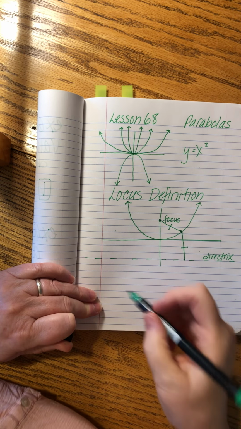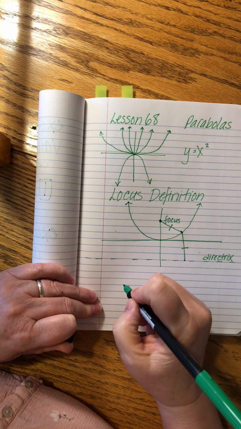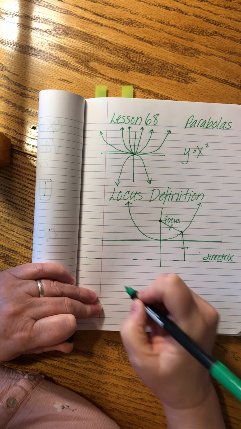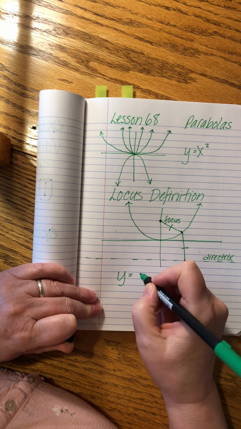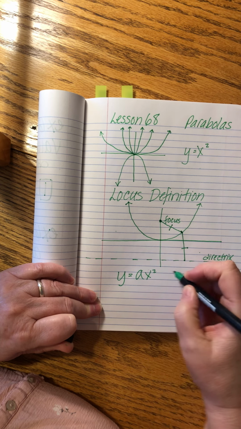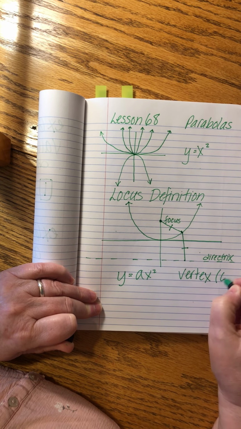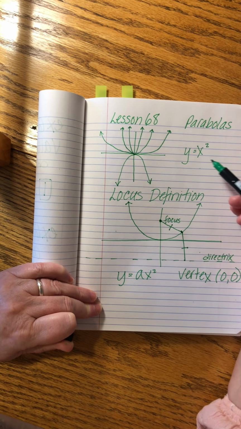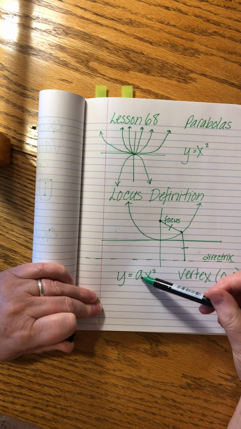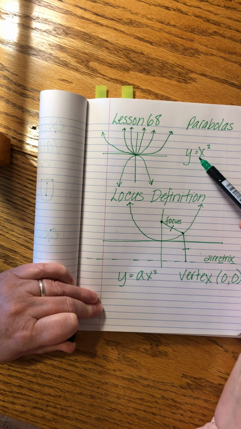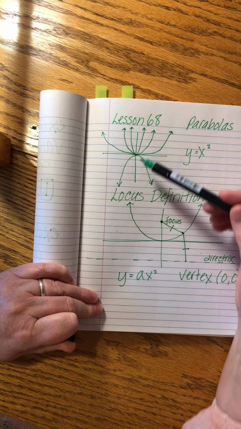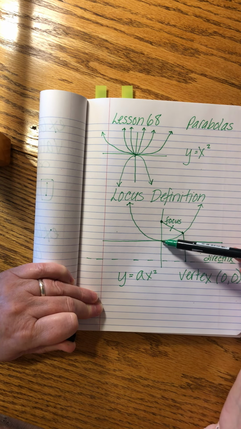Now, what about formulas? What we know is that y equals ax squared when the vertex is at 0, 0, okay? That's what we had here. We can put a number there that makes it fatter or skinnier, but this is the way the equation works when it's centered on the vertex.